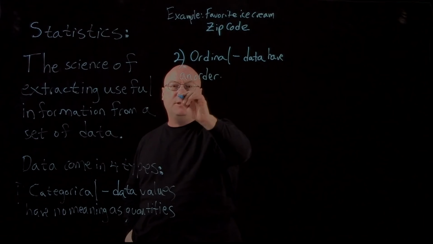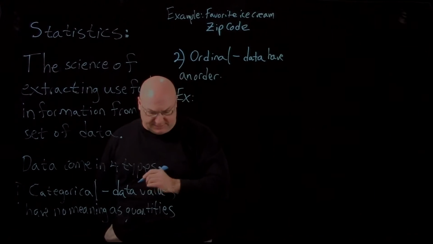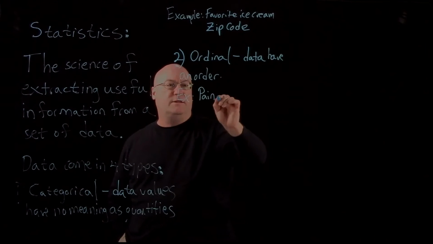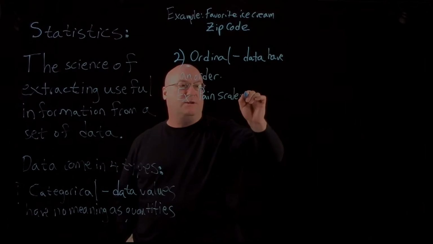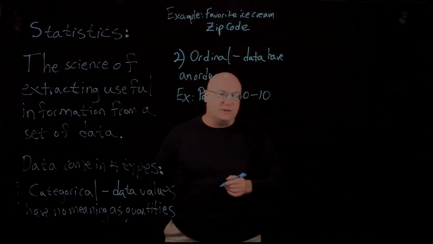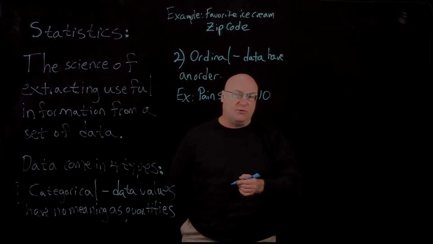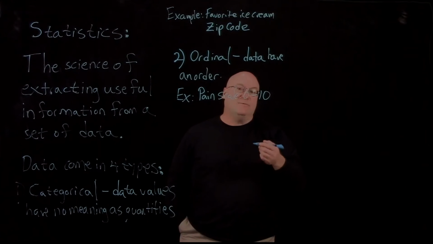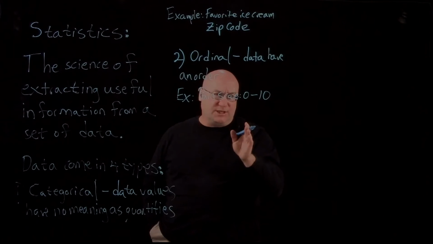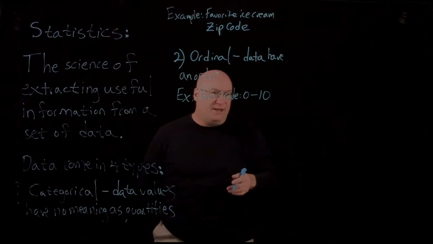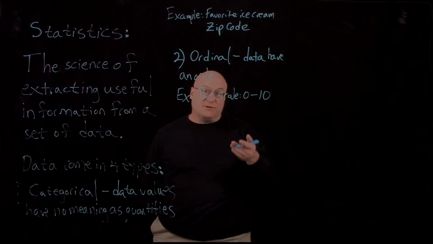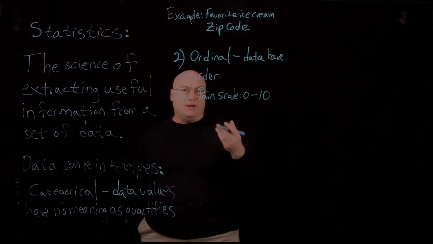So for example, a good example of this would be the pain scale that you may have had someone ask you about if you'd ever had an injury or you were sick. Someone asked you, what's your pain scale on an order from 0 to 10? Really, those numbers do have meaning as quantity to a certain extent, in basically just the sense that if I tell you my pain is a 7, that's more pain than if I tell you it's a 4, right? So there is some sense of quantity there, but not much more than that.